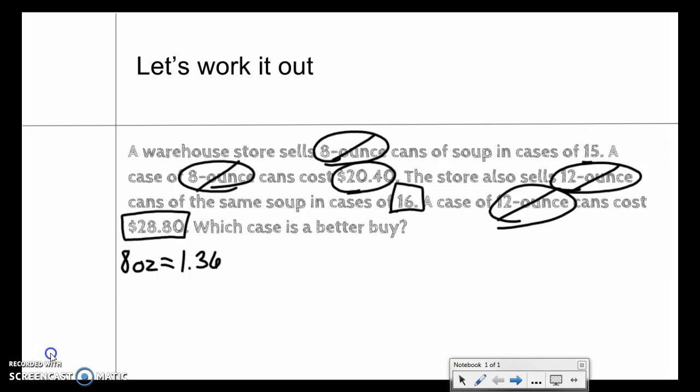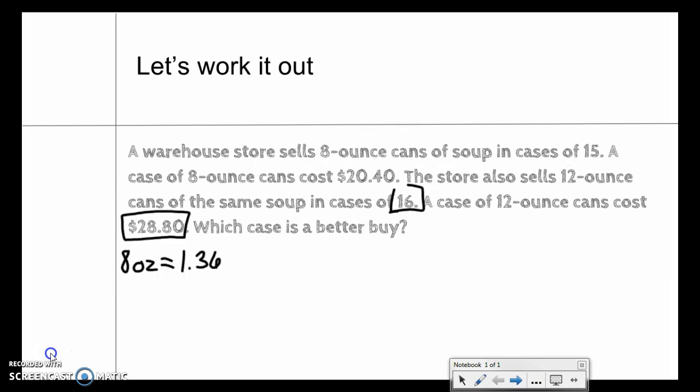So, now that's out of the way. We can uncircle that. Move this out of the way too. Alright, now let's move on to our 12-ounce cans. They cost $28.80. Okay? Your units are going to go to the side because you're not talking about how many units, you're talking about the price.